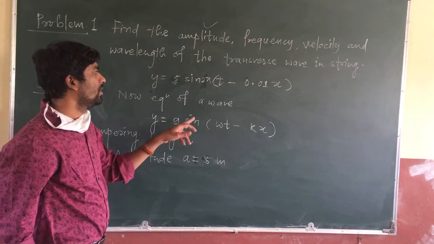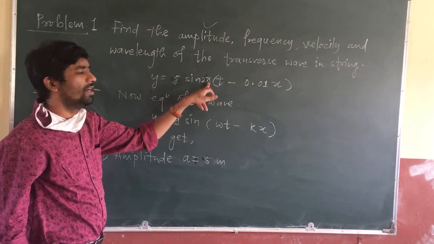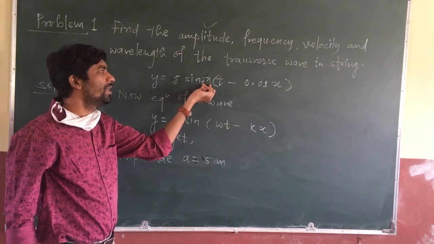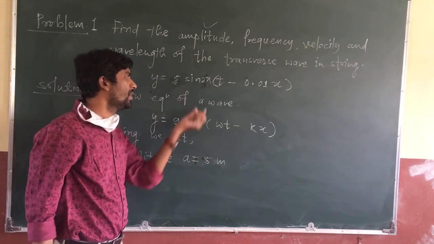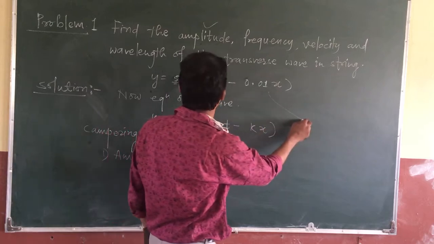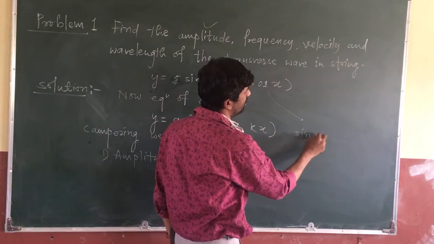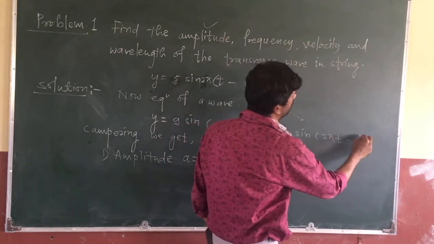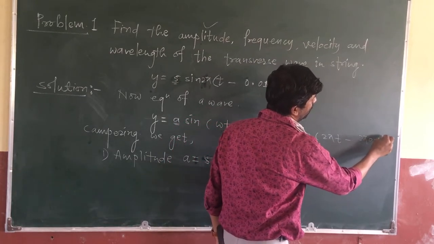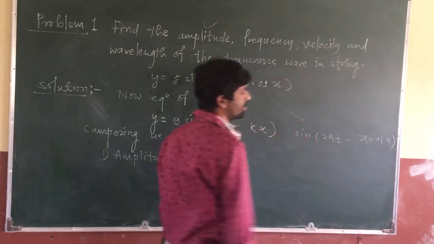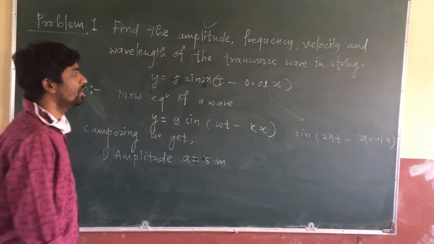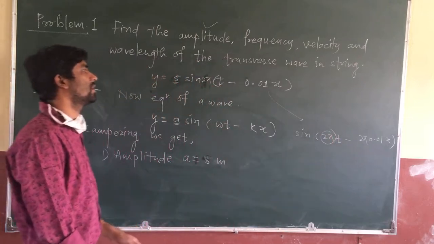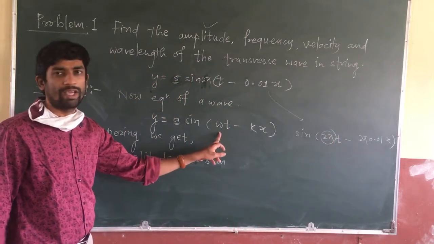Now, if you equate these two equations, we will get omega. Omega equals 2 pi. If you multiply in this equation, this will be sin(2 pi t minus 2 pi into 0.01 into x). So this term 2 pi is your omega.